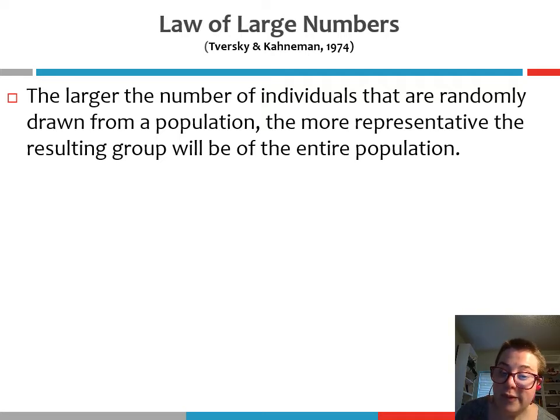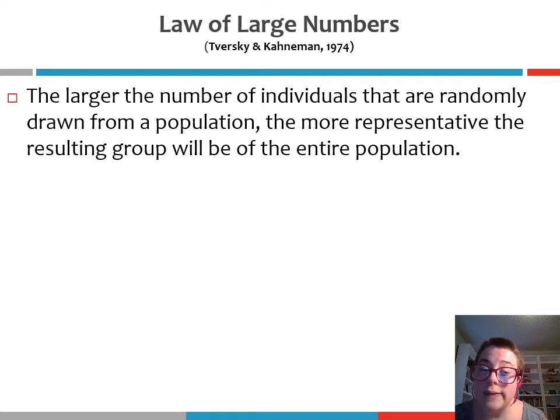So presumably, most individuals assumed that both the large hospital and the small hospital would have birth rates for boys that were similar to the overall birth rate in the population, right? But as it turns out, the answer is the small hospital, right?